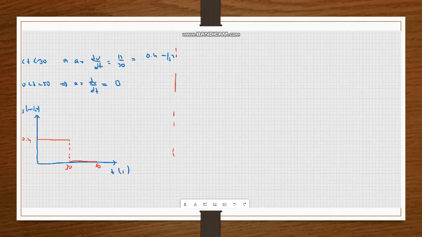So let's do it again here, with blue. Delta S between 0 and 30 is the integral of velocity dt from 0 to 30.